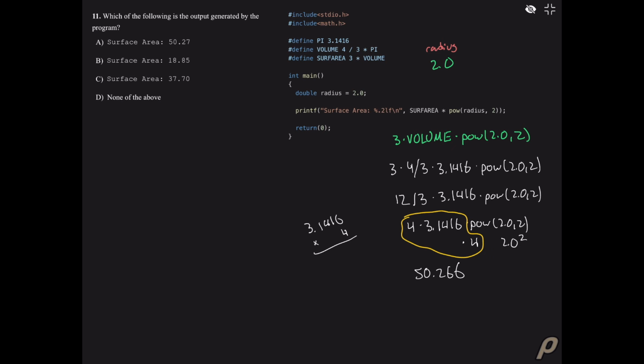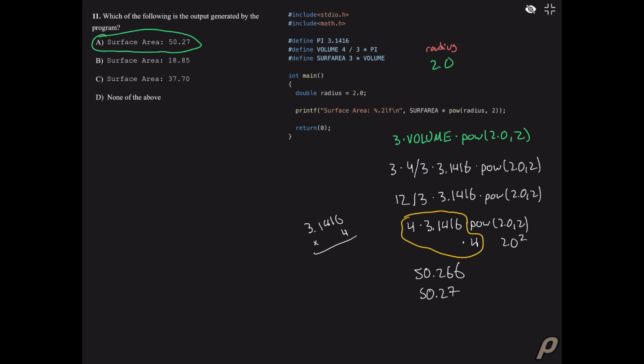And as we see back up here, we're rounding this to 2 decimal places. And notice that this is rounding, not truncation like what happens with integers. So we round up, since this is a 6, to 50.27. And so that is our answer A up here for question 11.